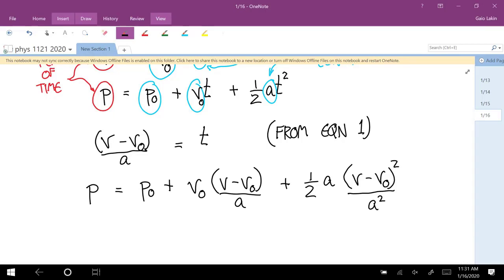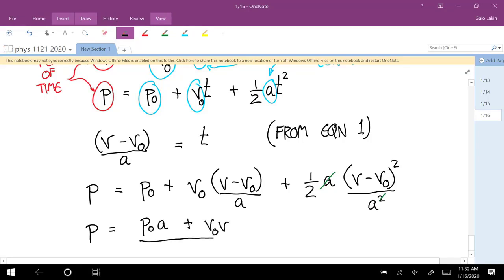That's already an expression that relates these variables without time in it, but we can make it look a lot cleaner. So let's cancel this A and one of those two A's. And I'll write this as P is equal to, let's just get the whole thing over A for now. So we have P0A plus V0V.